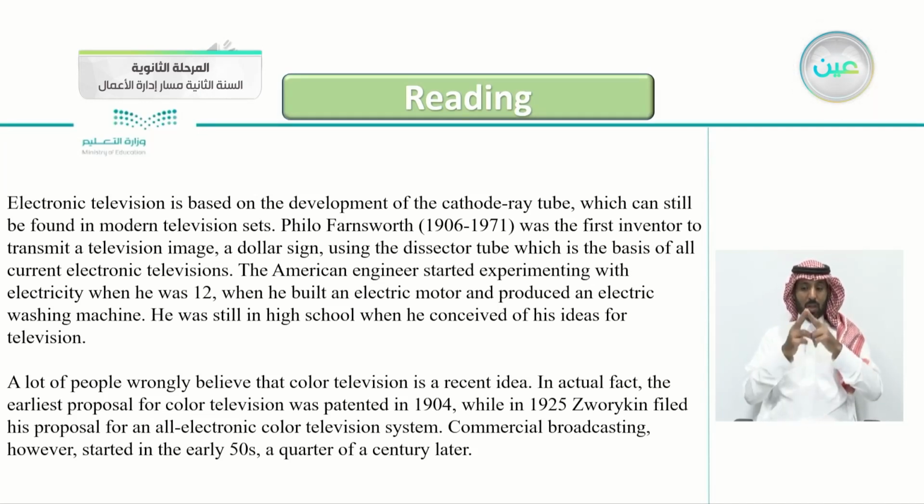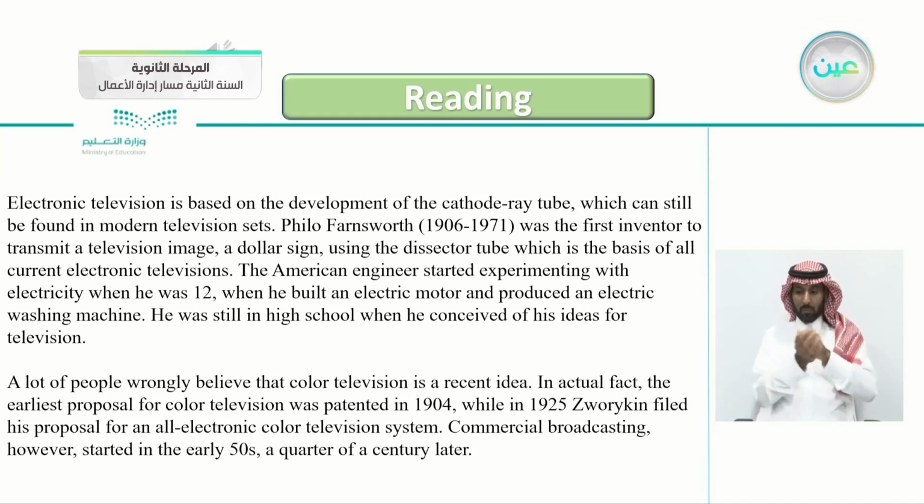Electronic television is based on the development of the cathode ray tube, which can still be found in modern television sets. Philo Farnsworth, 1906 to 1971, was the first inventor to transmit a television image, a dollar sign, using the dissector tube, which is the basis of all current electronic televisions. The American engineer started experimenting with electricity when he was 12, when he built an electric motor and produced an electric washing machine.